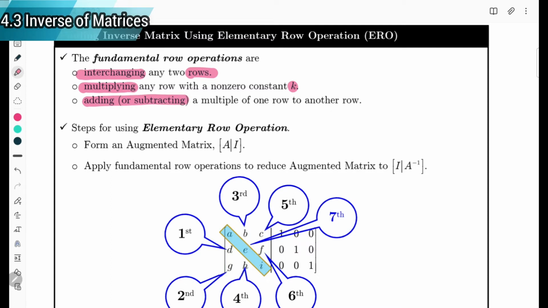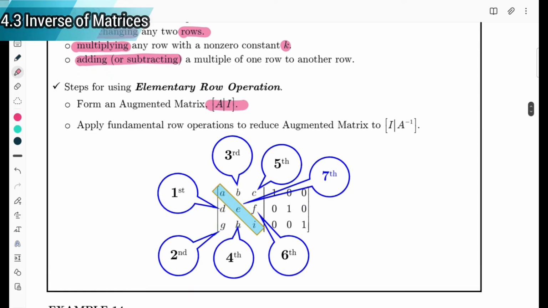So steps for using ERO: form an augmented matrix A augmented I, then apply fundamental row operations to reduce it to I augmented A inverse. So you have to focus first on this entry, next this one, then 3 and 4, then 5, 6, and lastly you'll focus on the diagonal.